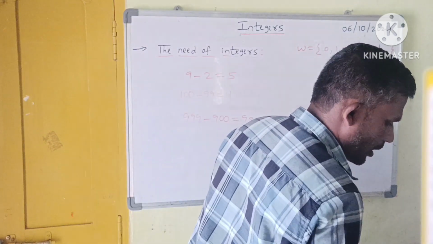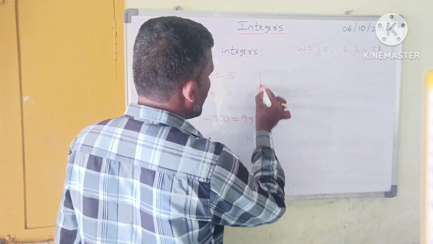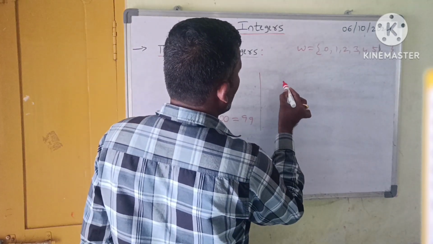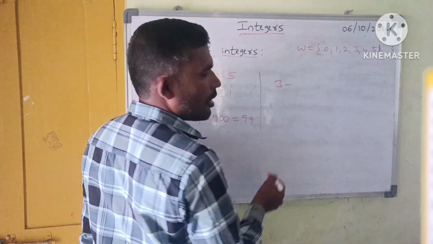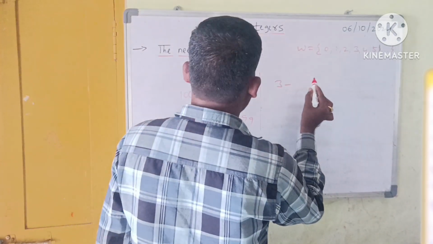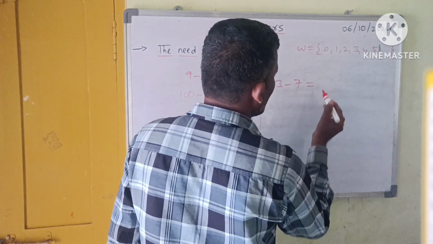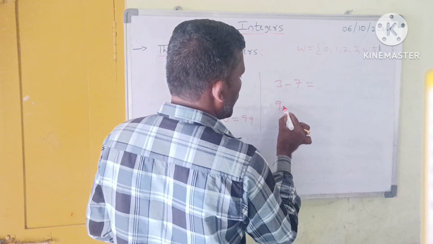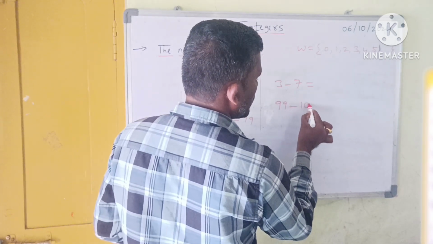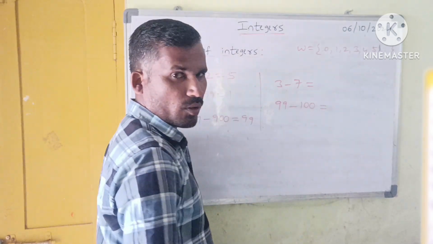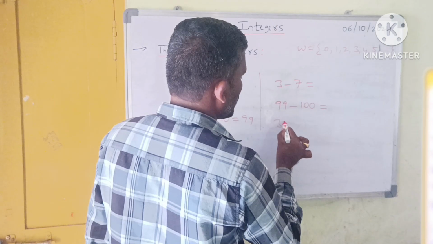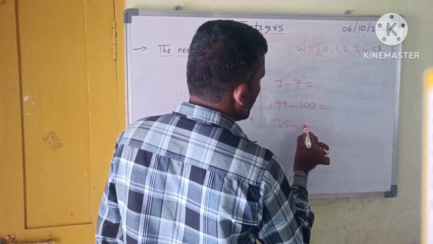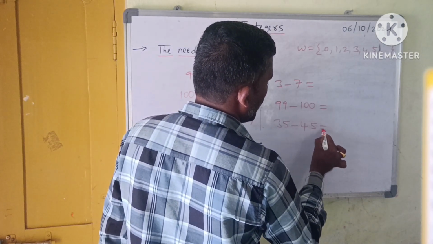For that I am taking another example. Here I am taking the smaller number 3 and subtracting 7: 3 minus 7. And 99 minus 100. Next, 35 minus 45.